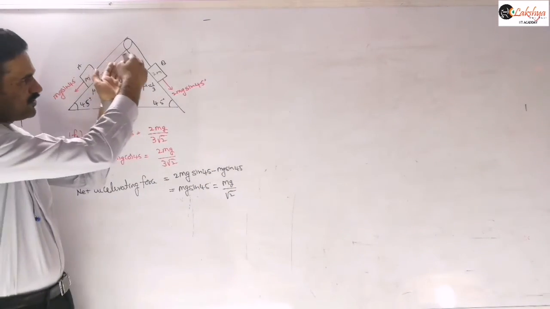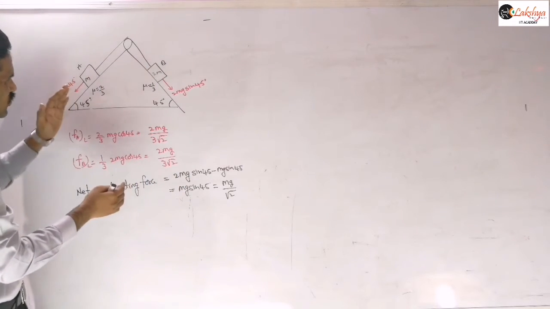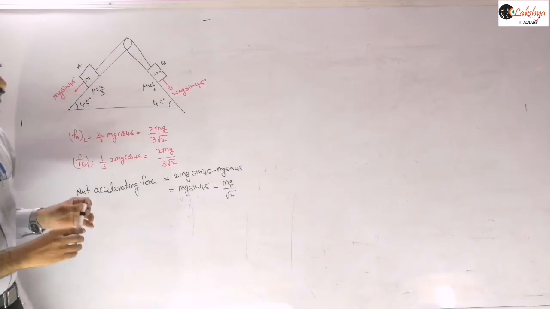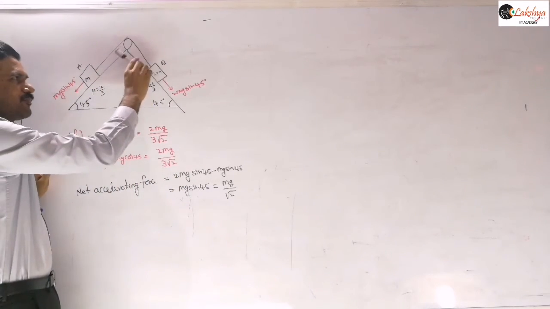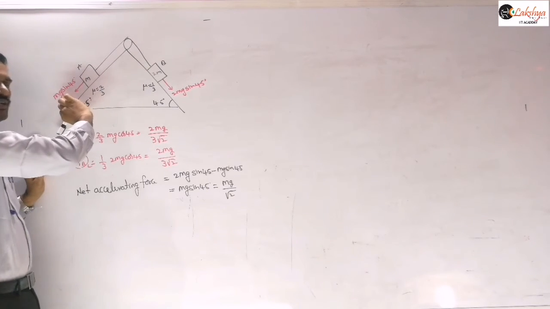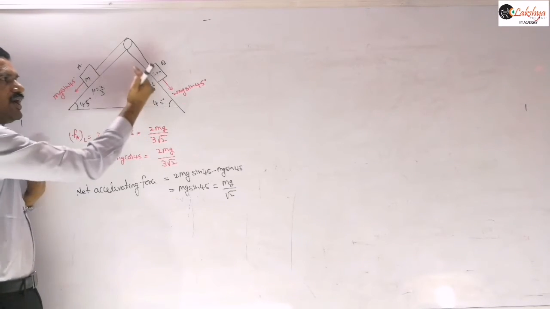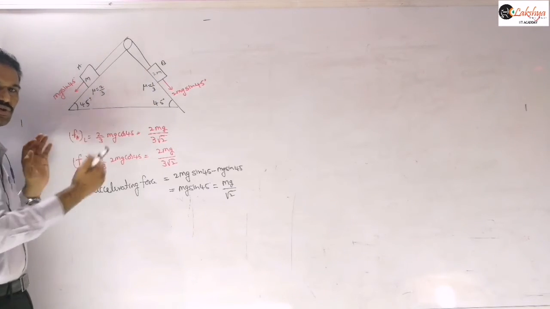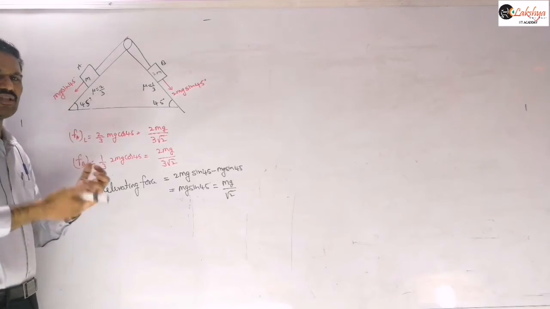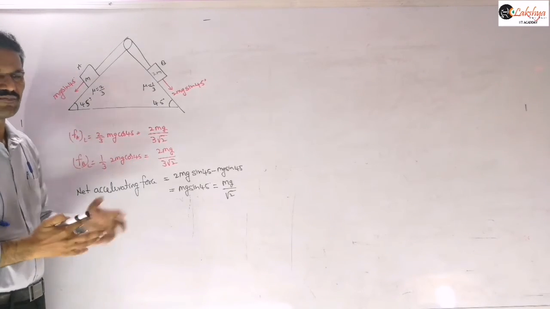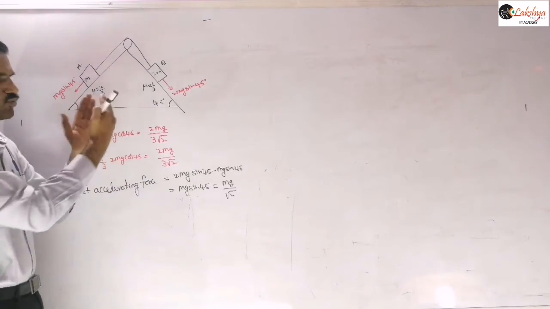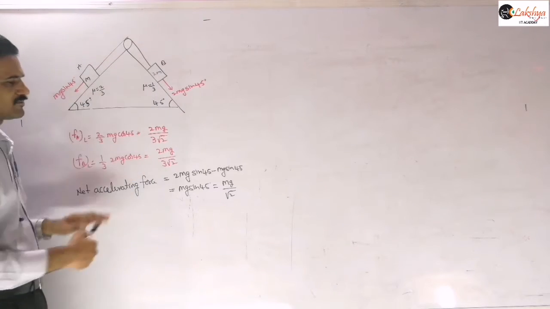Let us assume that block B is sliding down, so block A will move up. So here the limiting friction will act in the upward direction, and here also limiting friction will act like this, since the block is moving up. These two limiting frictions are the opposing forces. Limiting in the sense they will become the kinetic friction actually. Numerically they are the same, so those frictional forces will be opposing that.